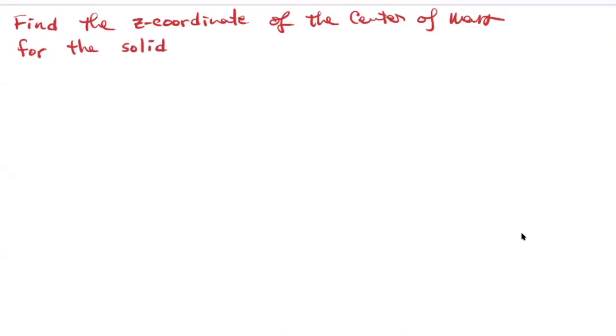This solid is bounded by the planes, and these are kind of simple. The first one, x plus z equals 1, is the hardest one, but notice there's no y. Then x equals 0 and z equals 0.